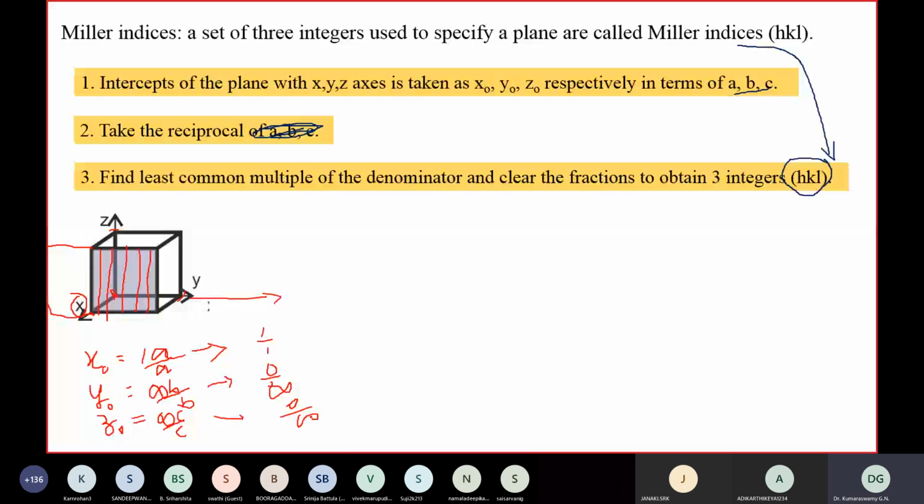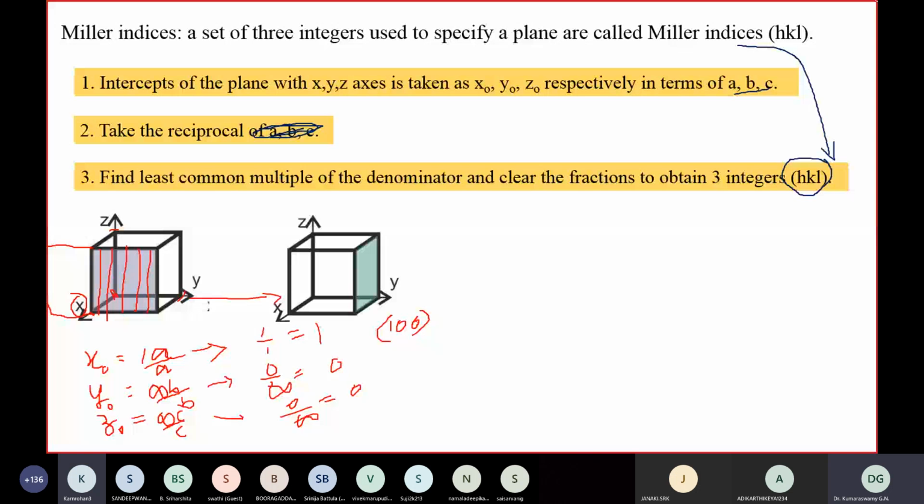What do we get? 1, 0, 0. So this is the 1, 0, 0 plane in round brackets. Inside round brackets, we call this plane 100. Next, what is this plane? Tell me quickly. 0, 1, 0. Very good.